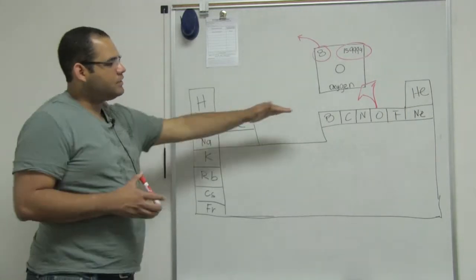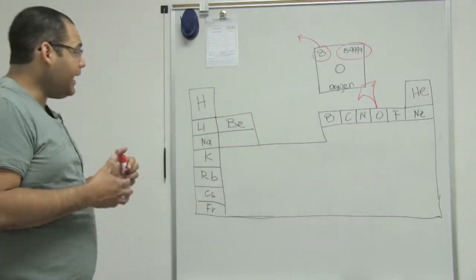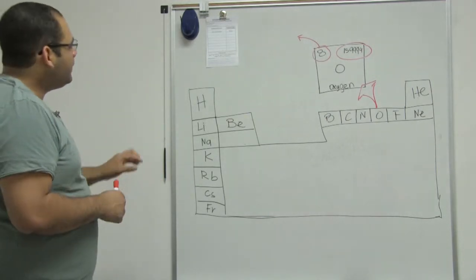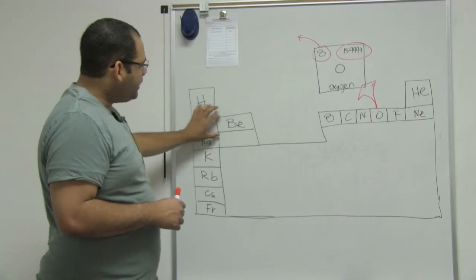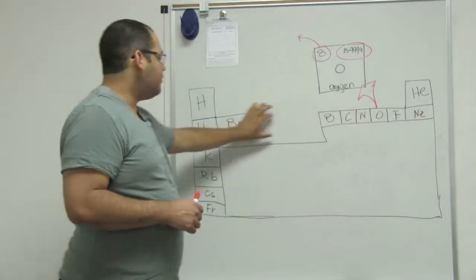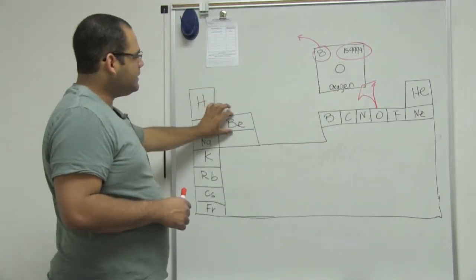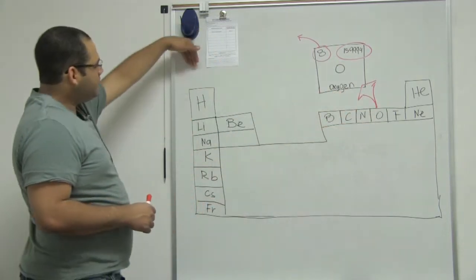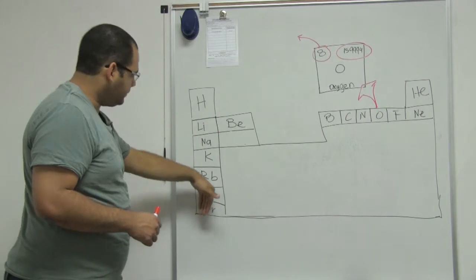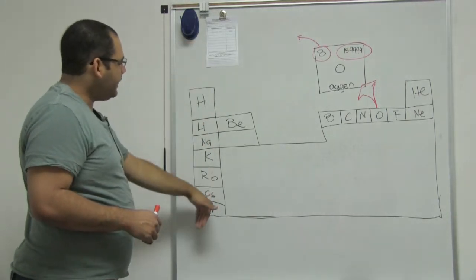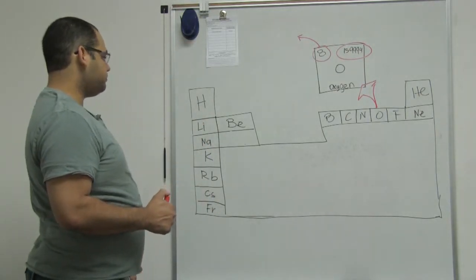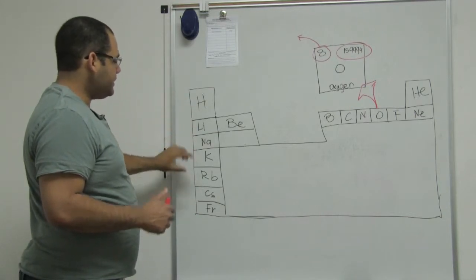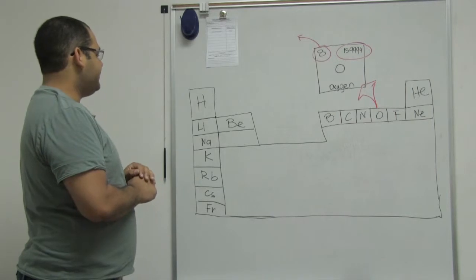And the rows stand for elements that have the same number of orbitals. So I know that in this row here, every single one of these elements has the same number of orbitals. I know that in this specific column here, each one of these elements has similar chemical and physical properties.